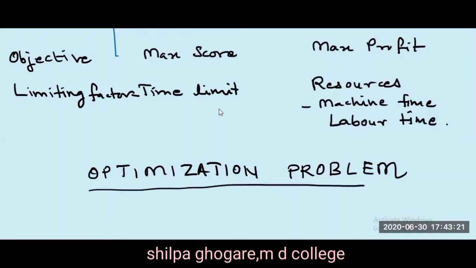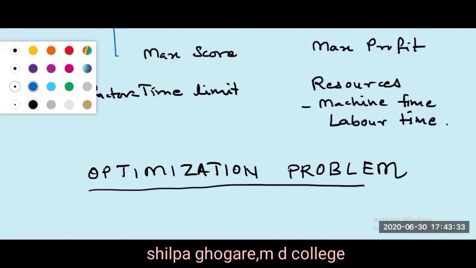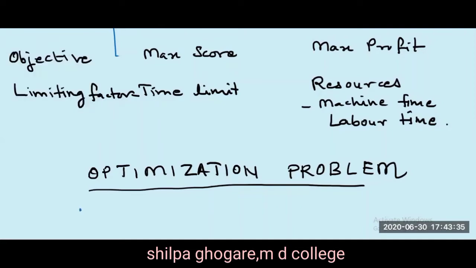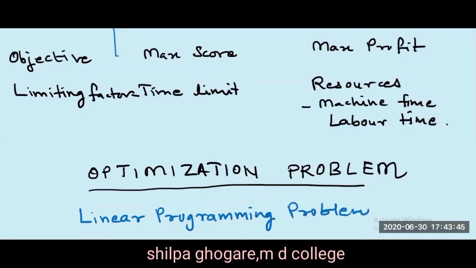And then linear programming problem is a special type of optimization problem. So we come to linear programming problem now. We have already seen the meaning of the word linear.